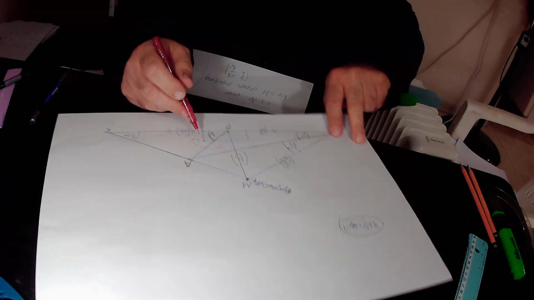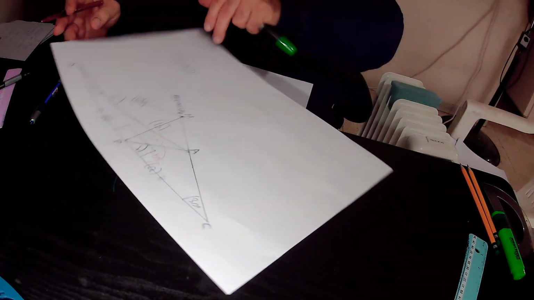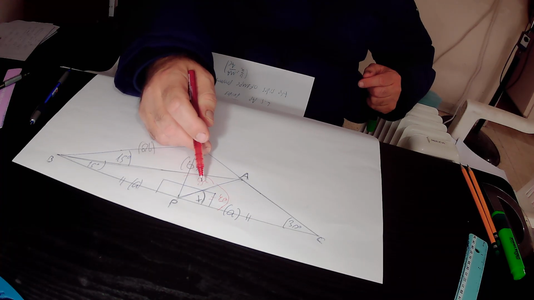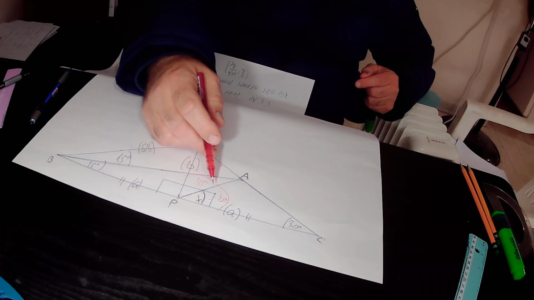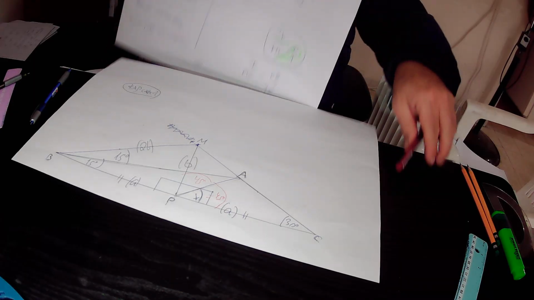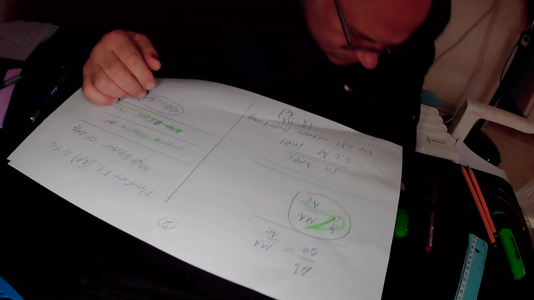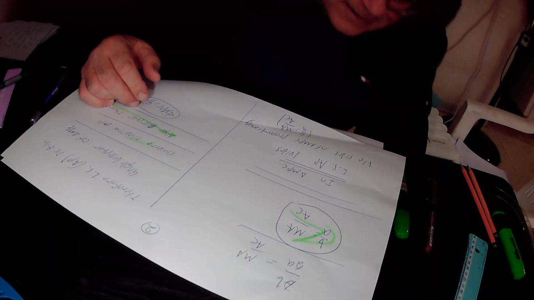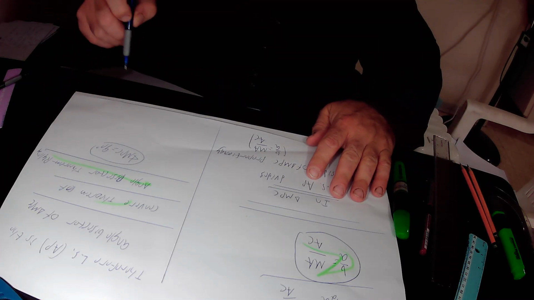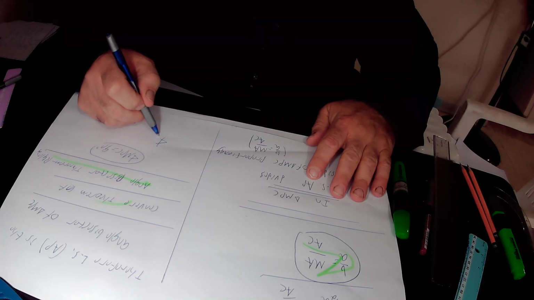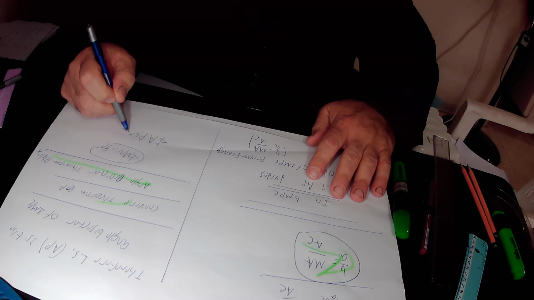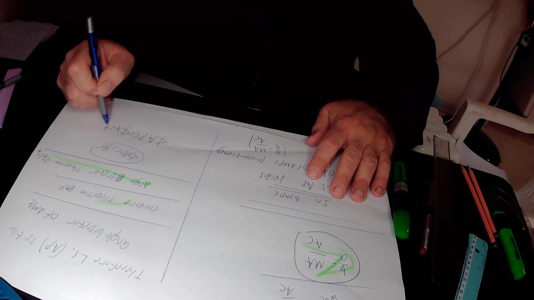So we found out that the angle that we are looking for in this question, that is angle APC, that is also defined as angle X, is equal to 45 degrees in size.